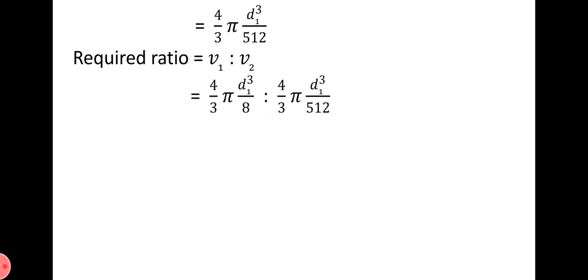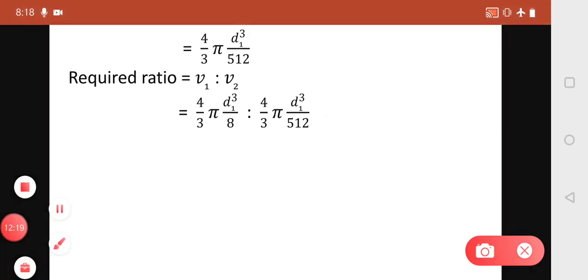Now we have to find out the ratio of both, but in the form of fraction. So first we find the ratio, that is required ratio equal to v1 is to v2, that is equal to 4 upon 3 pi d1 cube upon 8 is to 4 upon 3 pi d1 cube upon 512. Here 4 upon 3 pi and d1 cube on both sides we can cut.